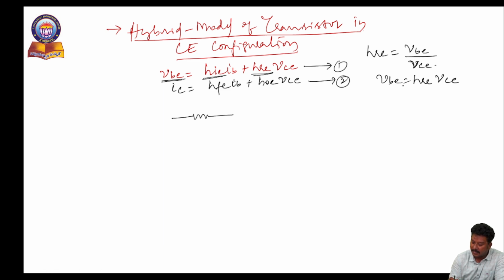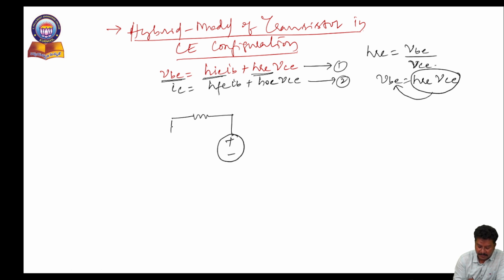So indirectly HRE VCE is explaining the voltage behavior, so I am considering it as a dependent voltage source, which is equivalent to VBE. This is IB, and this is HIE, and this is HRE VCE.